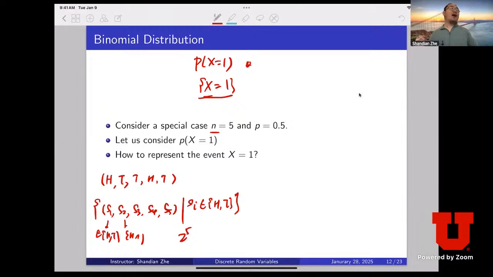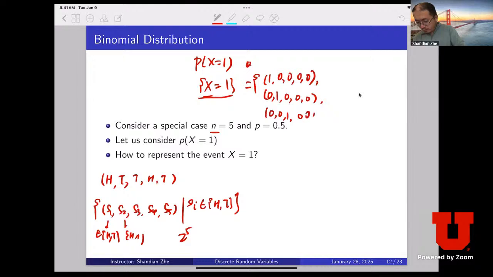Actually, you have 5 such sequences. I'm just going to use 1 to represent heads, to be more concise. 1, 0, 0, 0, 0, or 0, 1, 0, 0, 0, or 0, 0, 1, 0, 0, or 0, 0, 0, 1, 0, or 0, 0, 0, 0, 1. We got 5 sequences.